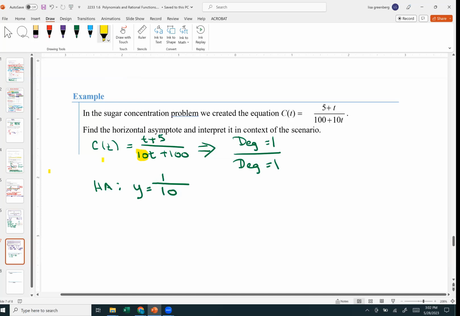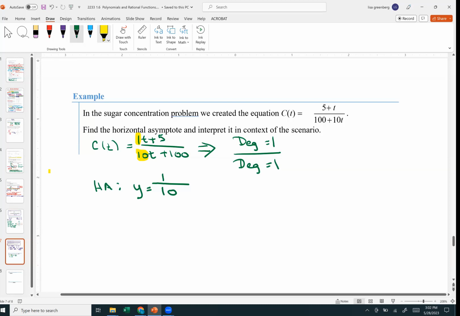Here's my 10, and we can say that's 1t. So there's my 1/10.